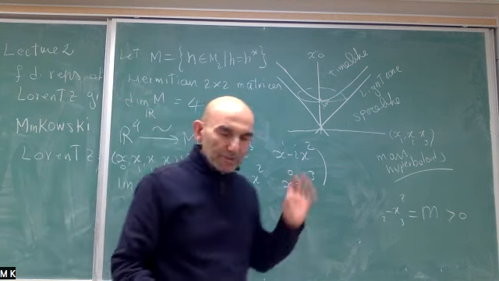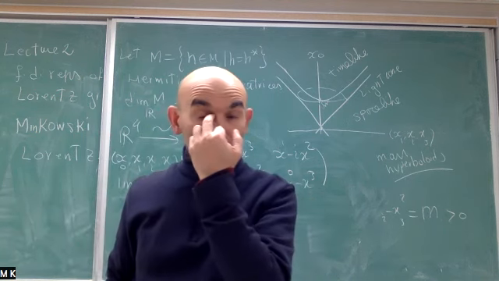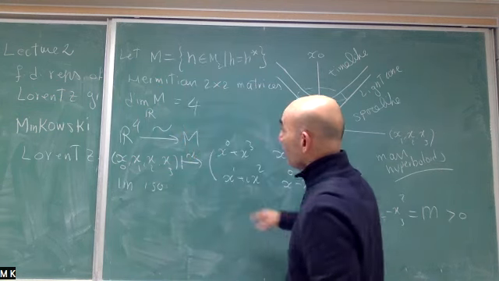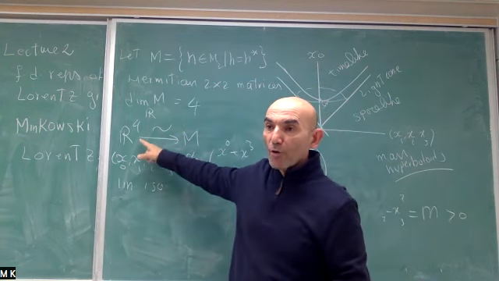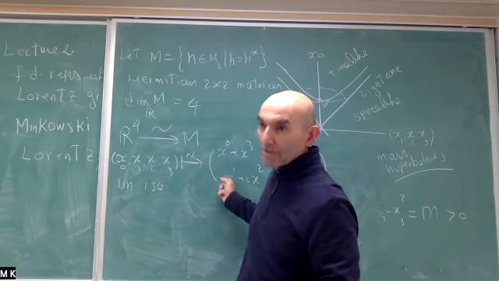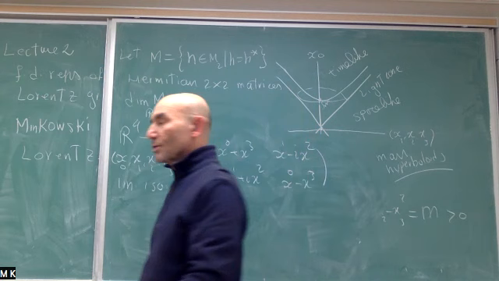Now, something very interesting happens with this representation of R4, namely this quadratic form, the Minkowski form, has a very convenient representation. It's the determinant.